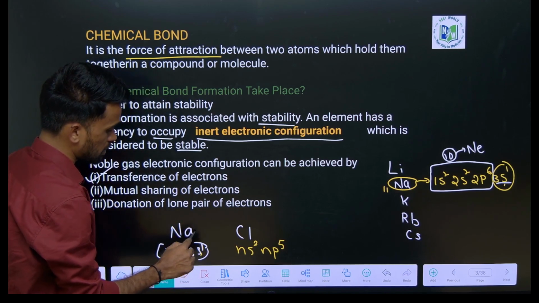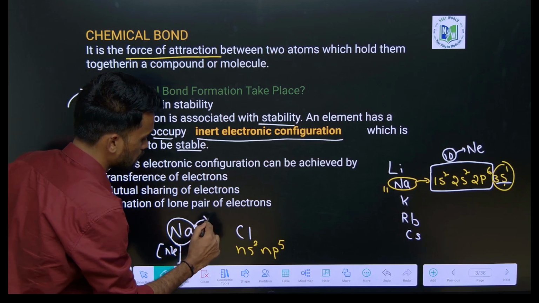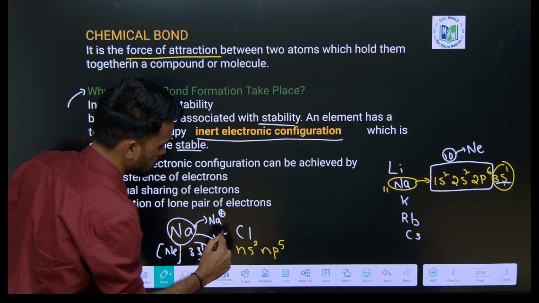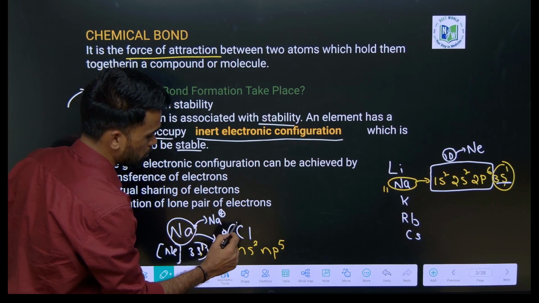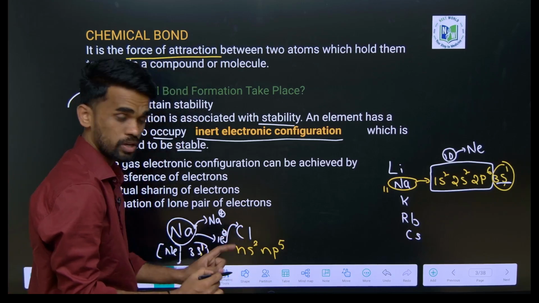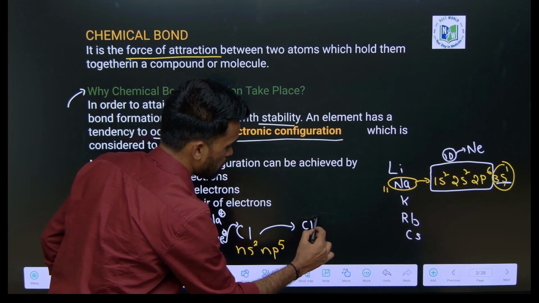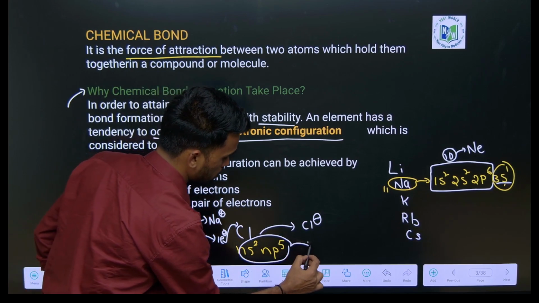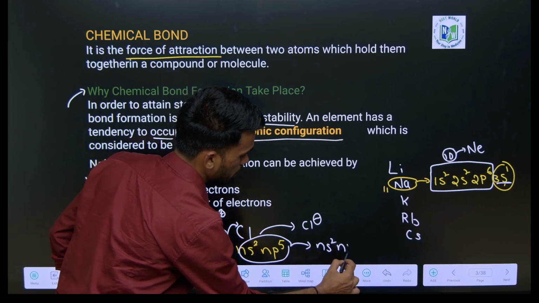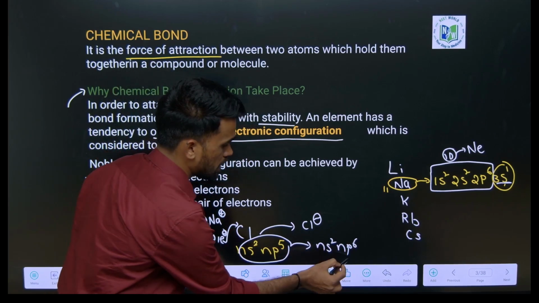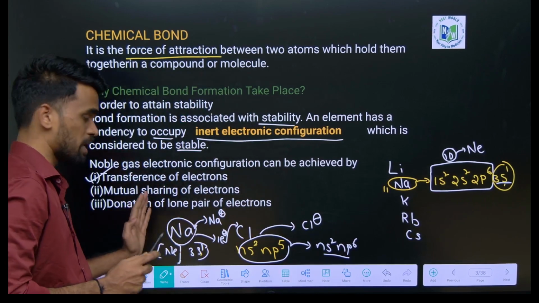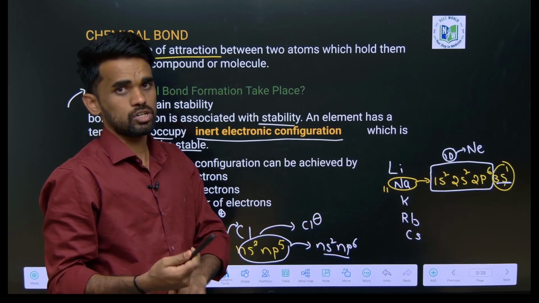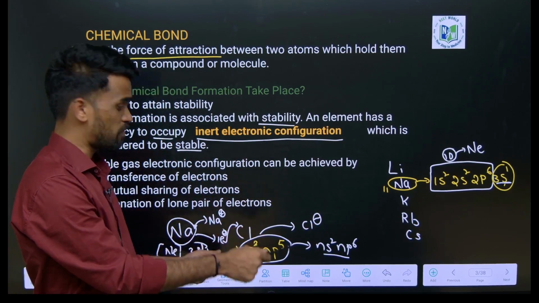By losing this electron, sodium will become Na+, and one electron is released, right? This electron can be taken by chlorine, and it will become Cl-. Now the electronic configuration ns2 np5 becomes ns2 np6. Now it is also attaining the noble gas configuration. So some elements give the electron and some elements accept the electrons. That is the transfer of electrons taking place.